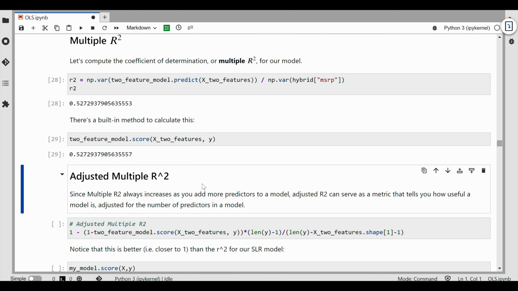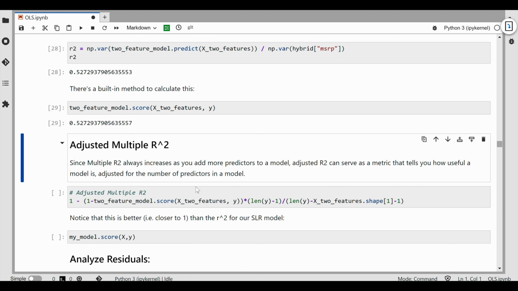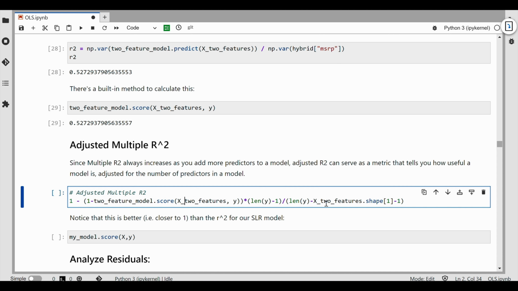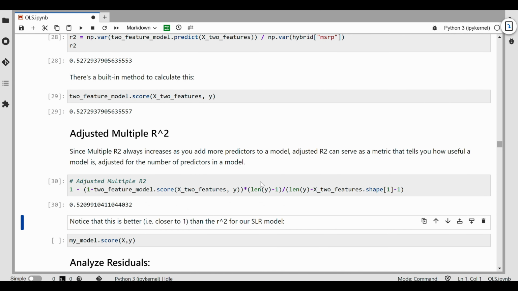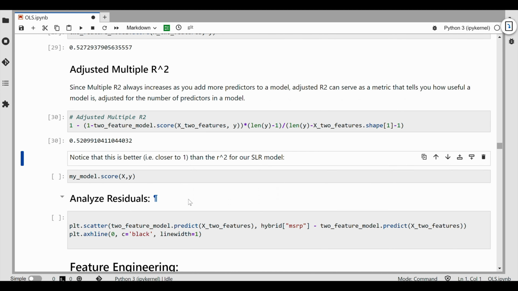So that's equivalent. There isn't a built-in method to do the adjusted multiple R squared, so I just had to do that manually here. And so you can see we get a small penalty. It's a little bit smaller. Instead of 0.527, it's 0.521 basically, but it's still higher than our simple linear regression model. So this is looking better.